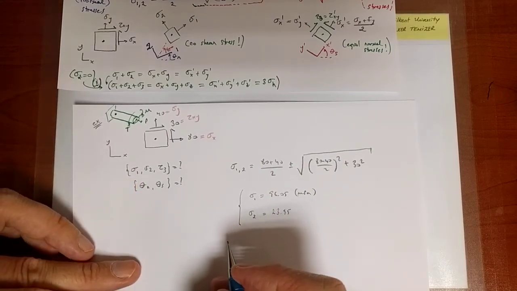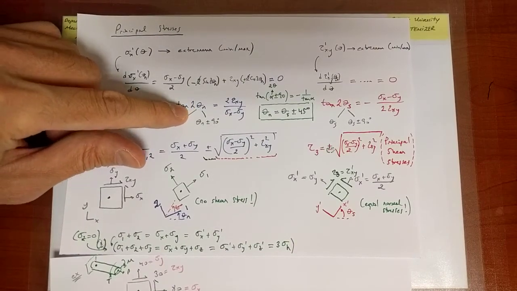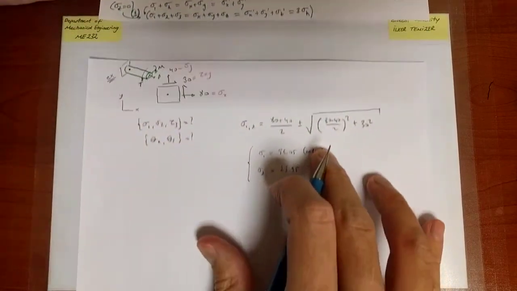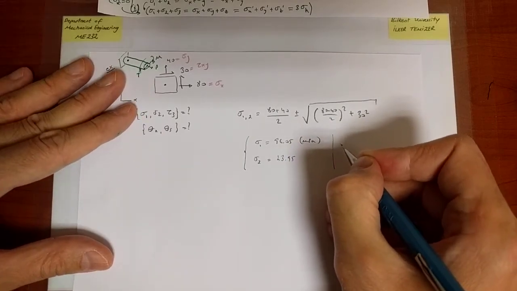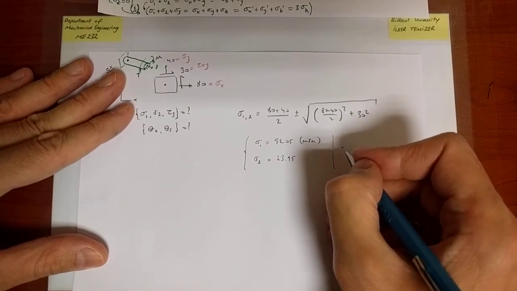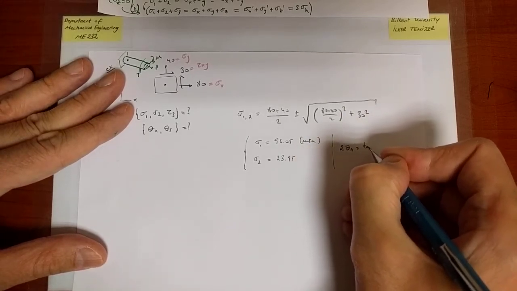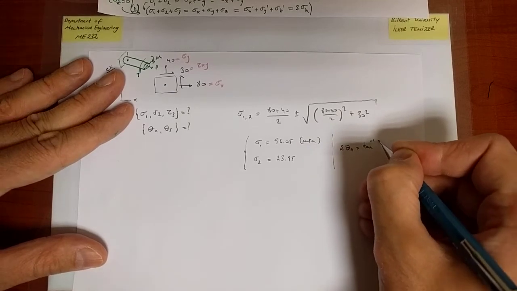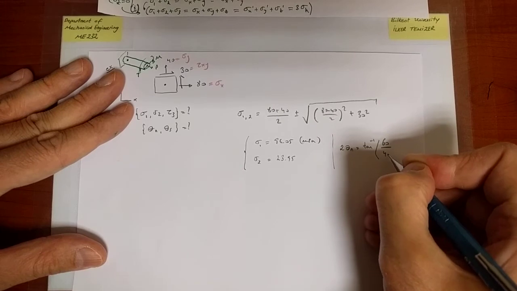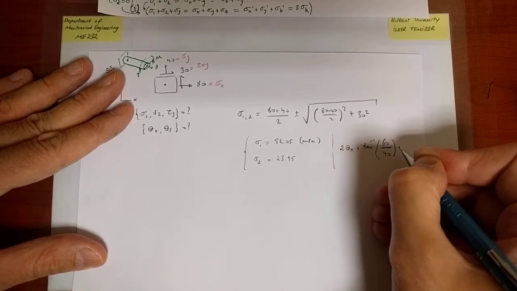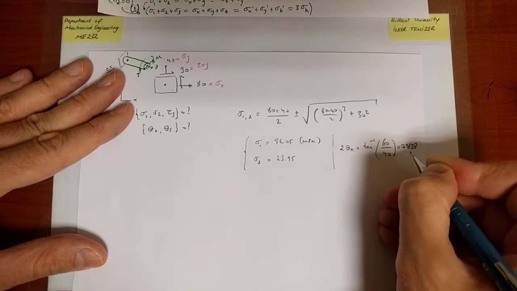Well, how about the orientation? You can go ahead and use that equation by plugging in the correct values. You will find that 2 theta n is equal to tangent inverse of 2 tau xy, which is 60, divided by sigma x minus sigma y, which is 40. So this is 0.9828 radians roughly.